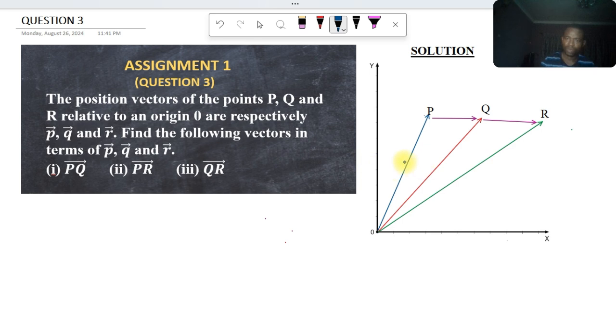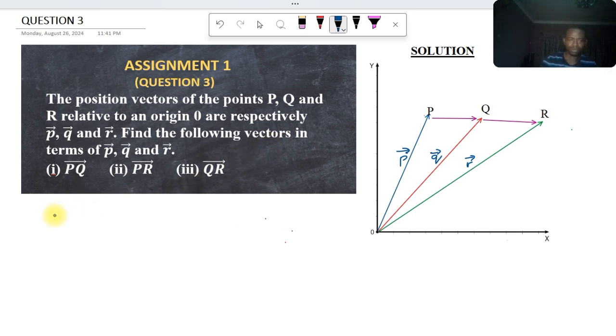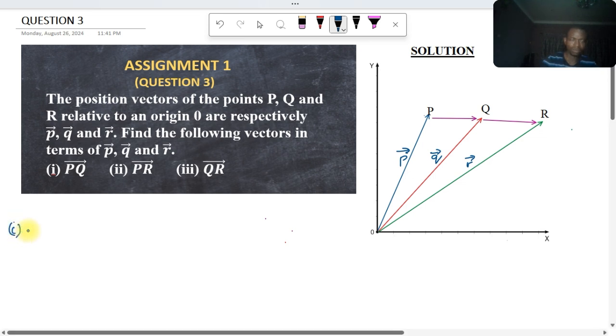Then the next one is Q, and the next one is small letter R. And if you look at it very well, we are told to look for PQ. So the Roman figure 1, we have to obtain PQ.